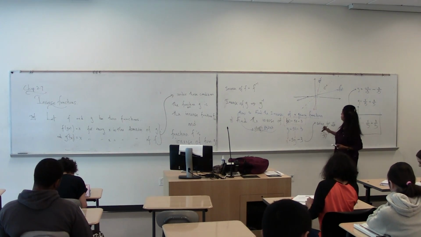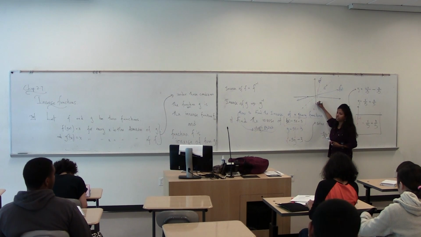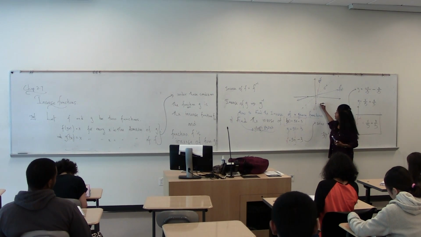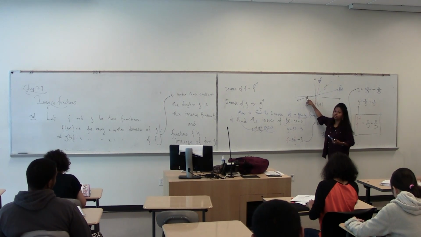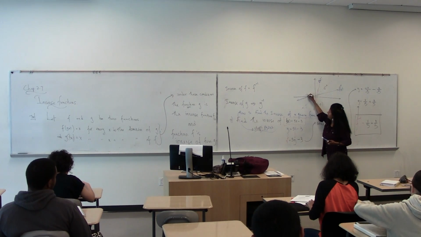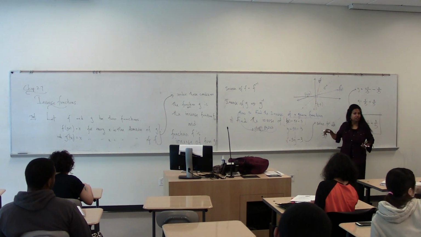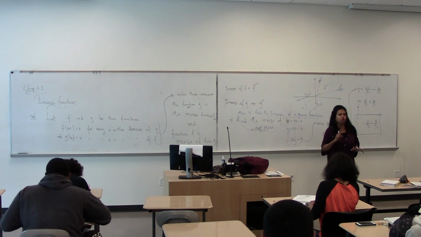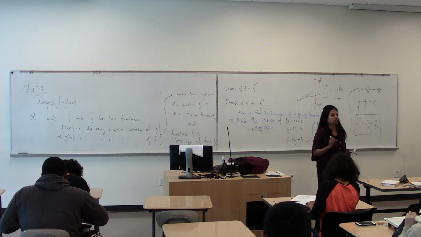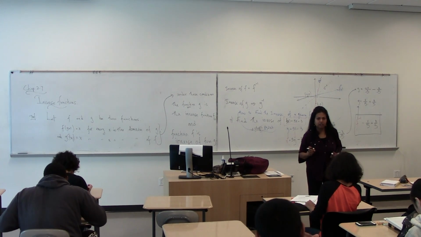So what does inverse mean? If you pick this point, what's the coordinate here? 0, -3. What's the coordinate here? -3, 0. Do you see how the coordinates are changing? So not only do you know graphically how the inverses work, their coordinates are inverted.